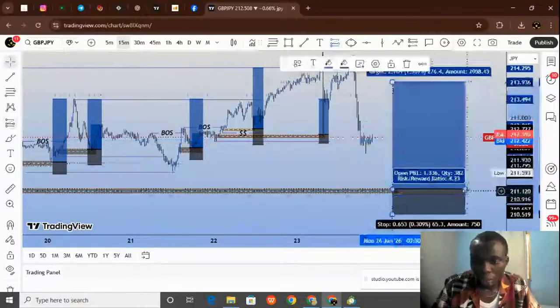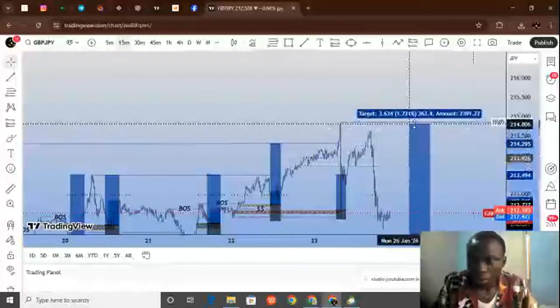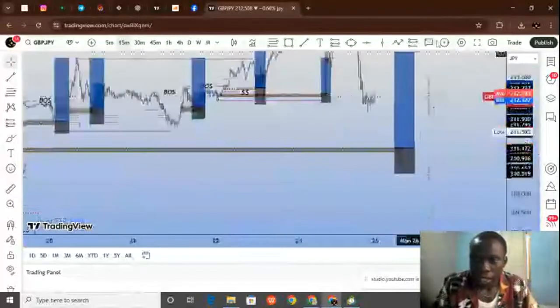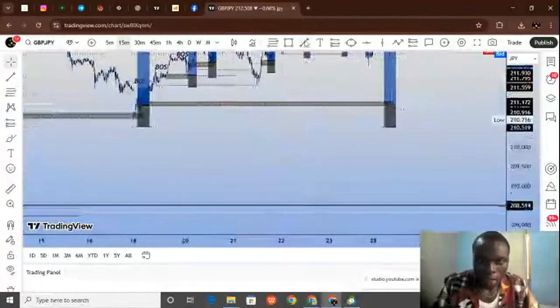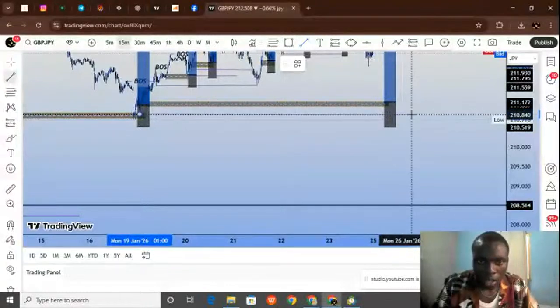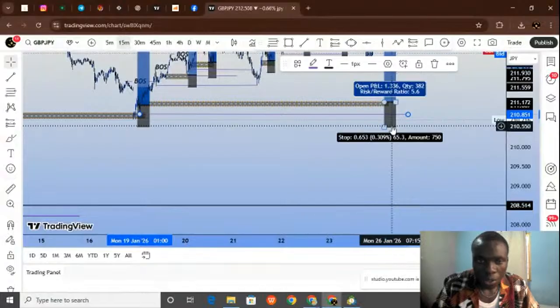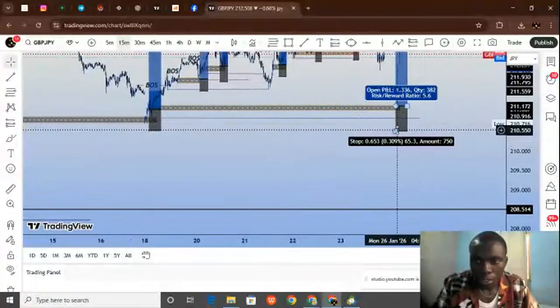So our order is going to be here, and our take profit is going to be above there. The protected low is going to be below here.